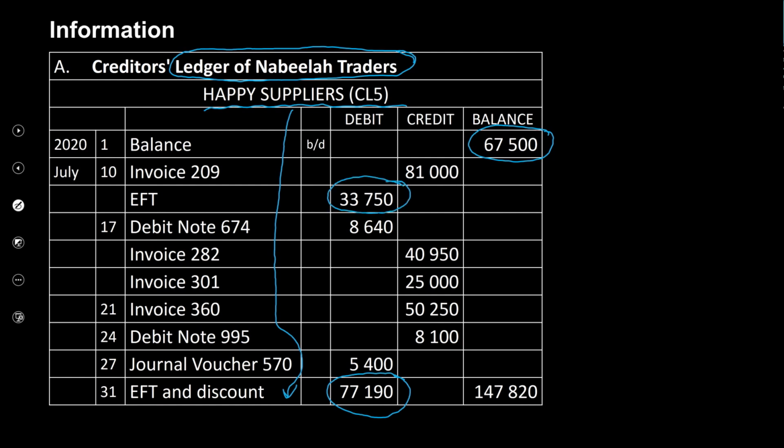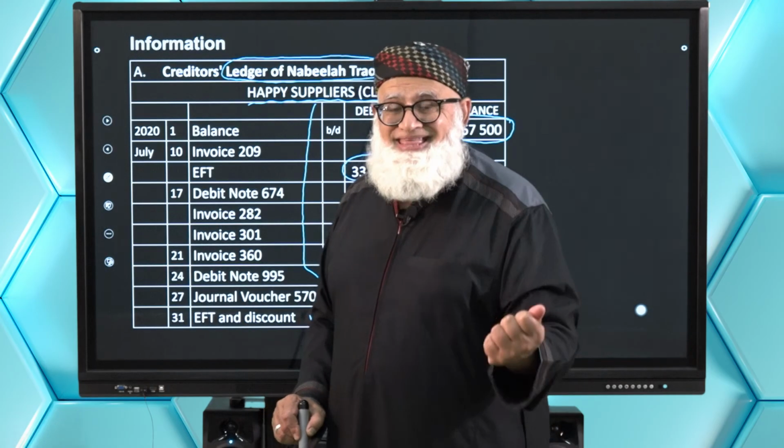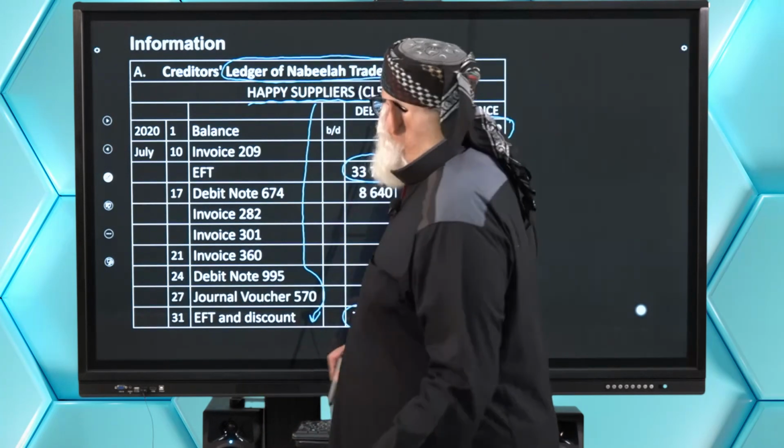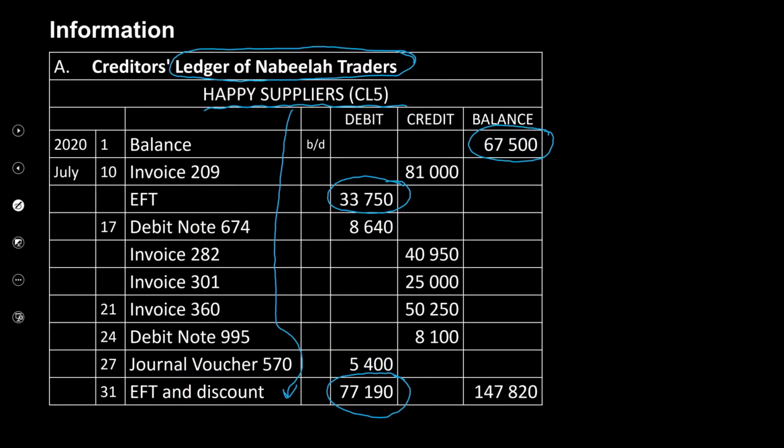Can you see it? Where we are debiting their account. And this is important. Why are we debiting the account? Because we've paid them. And because we've paid them, we are reducing the amount that we are owing them. So, in our records, there's the debit entry of 33,750.